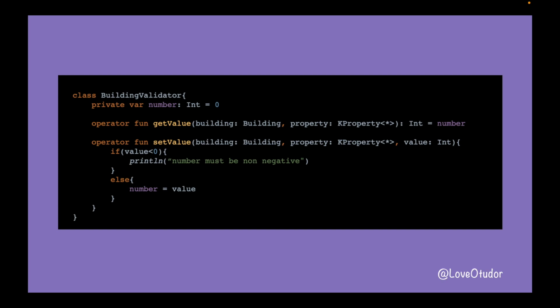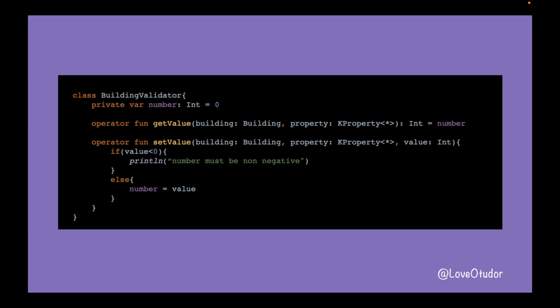So when we try to get the number of rooms, which delegates to an instance of the building validator, we would call the get value, and we can see that the get value has a first parameter of type building because this validator is built specifically for the building class.